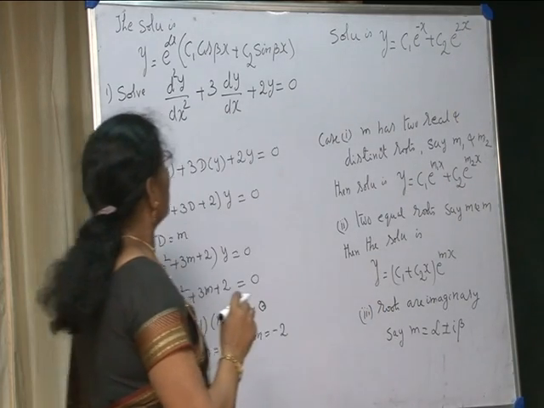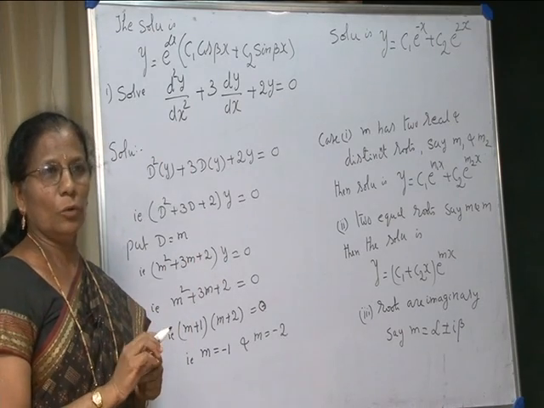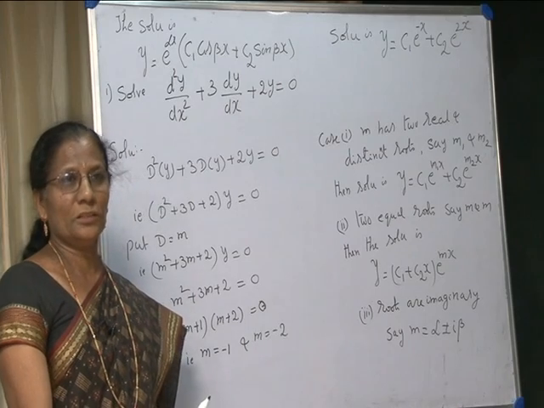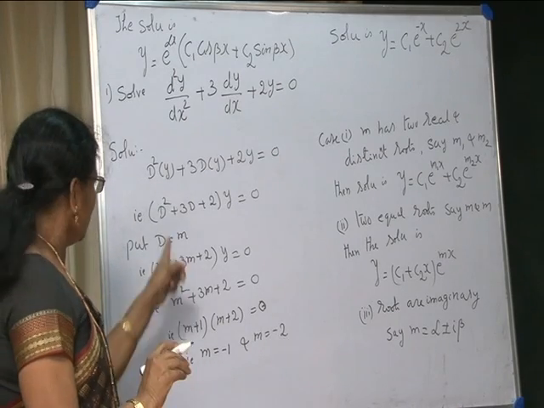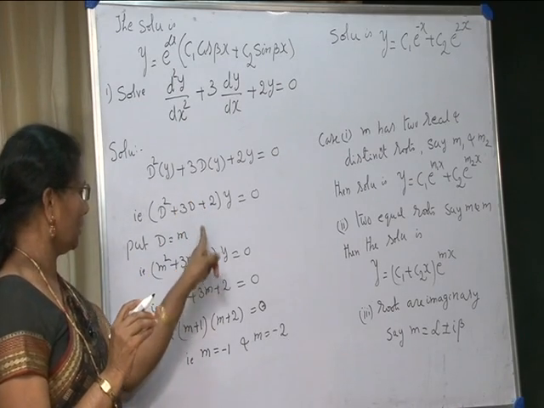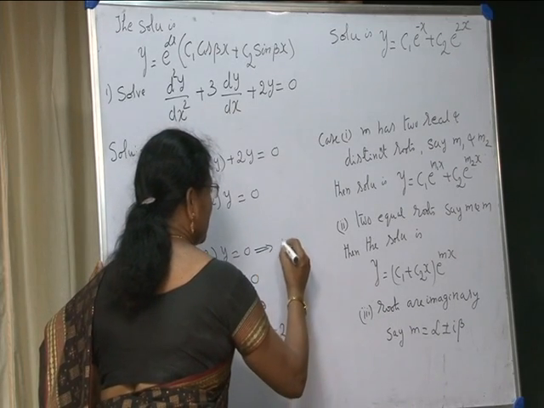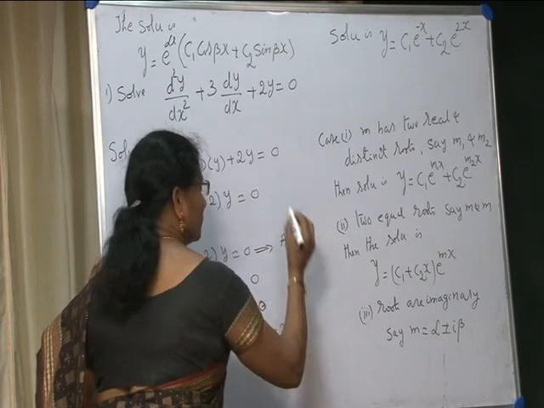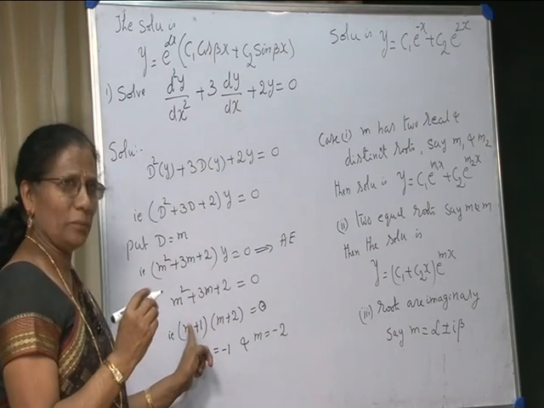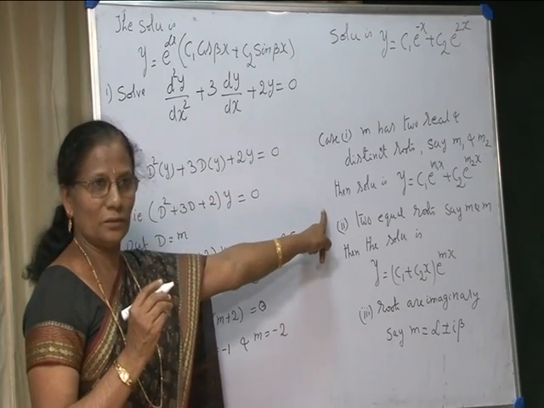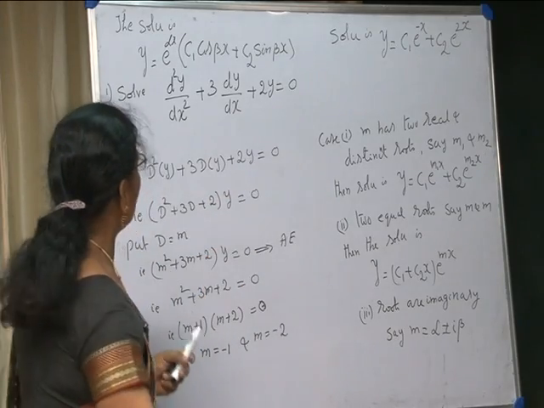This is the solution of the given second order homogeneous linear equation. Just remember how to put this equation in the form of the auxiliary equation. This is an auxiliary equation. Find the values of m and write the solution as in case 1. Now, we will go to the next problem.